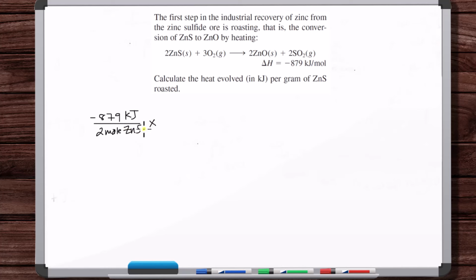Okay, so now we just want to make this per gram. So we need to convert from moles of zinc sulfide to grams of zinc sulfide, and we need the molar mass of zinc sulfide.